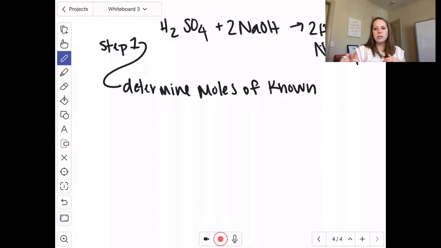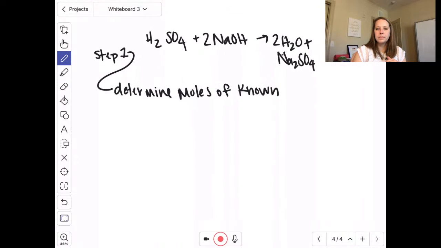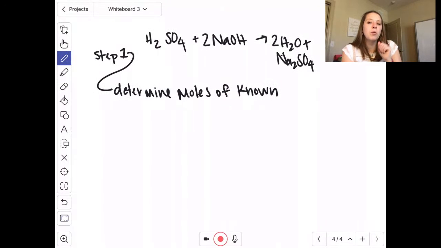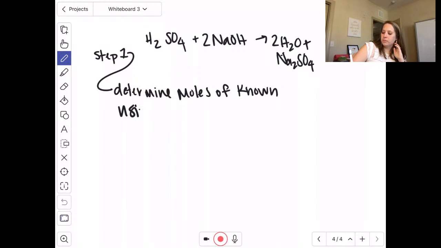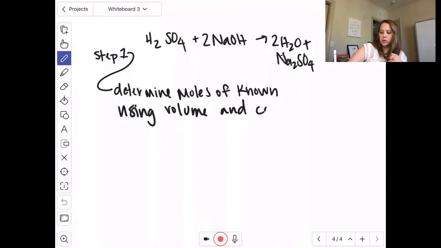Usually in a problem, it would say something like, we started with 35 milliliters of 12 molar sodium hydroxide. What is the concentration if we used 10 mils of H2SO4? So from here, we would then go on to calculate this. So we'll determine the moles of known using volume and concentration.